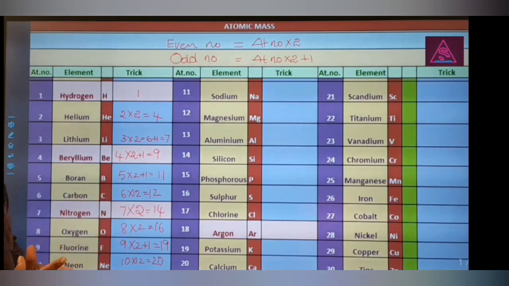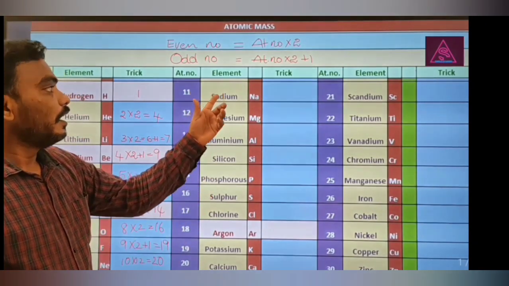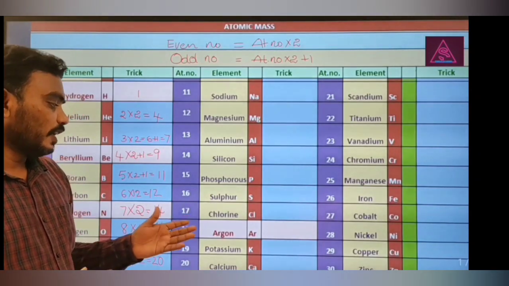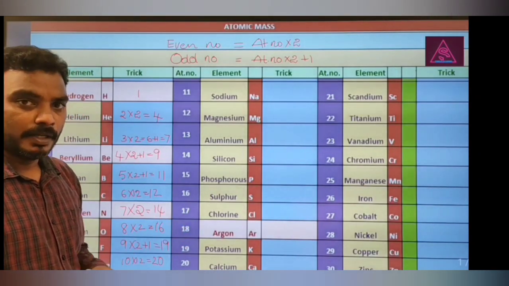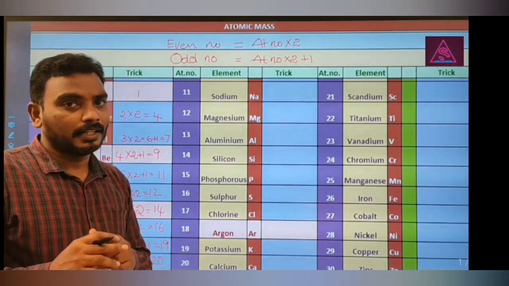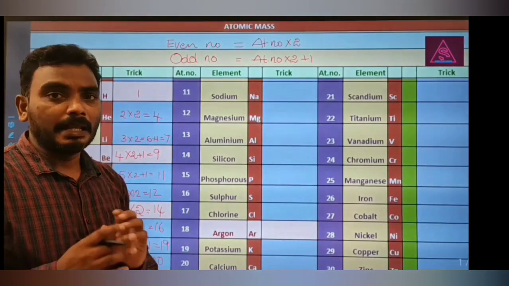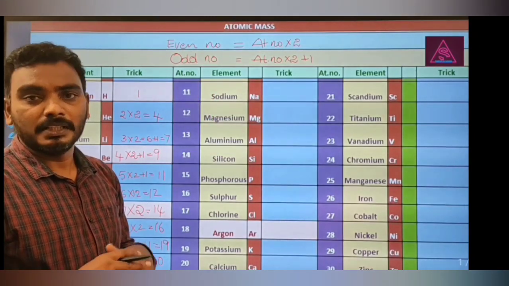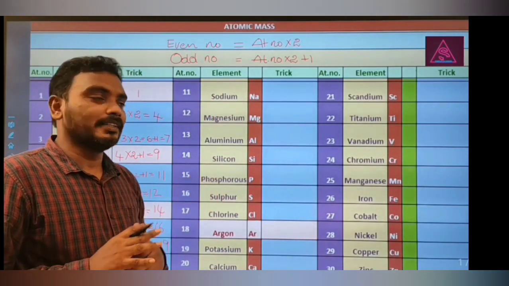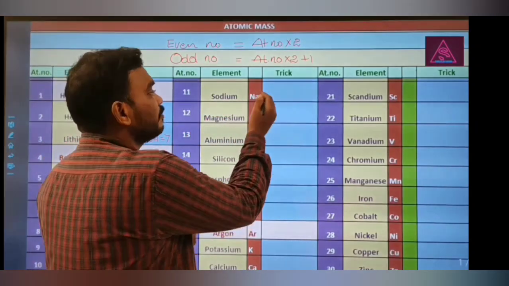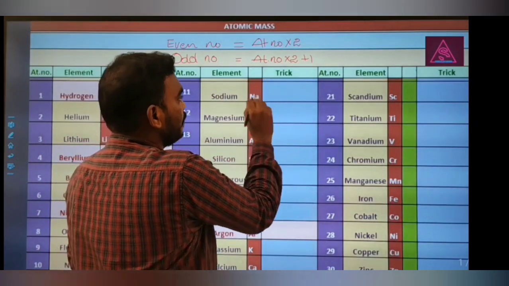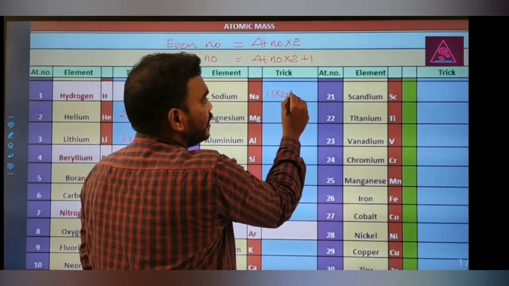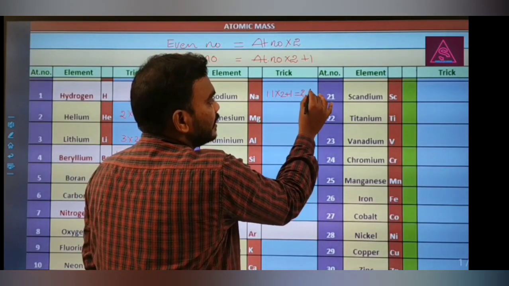Now the second group: sodium, magnesium, aluminum, silicon, phosphorus, sulfur, chlorine, argon, potassium, calcium. Here only argon is exempted. For the remaining, as with even numbers and odd numbers, in the same way we write the mass numbers. Sodium is an odd number, 11 into 2 plus 1, that is equal to 23.